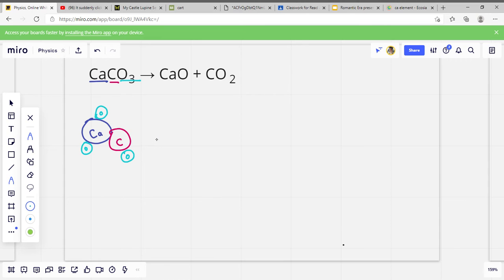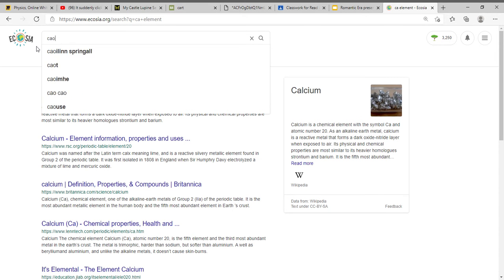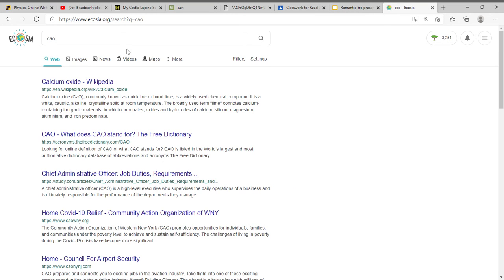Okay, and that's going to break down and create CaO. Wonder what that is. Let's find out. Calcium oxide.